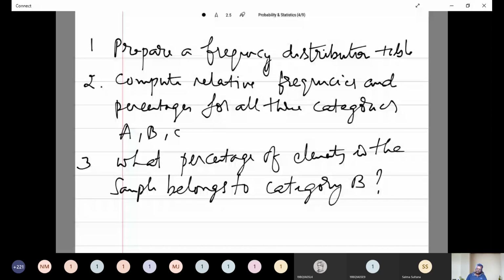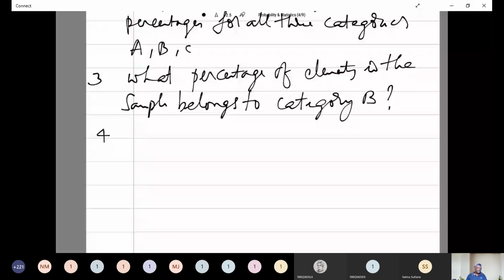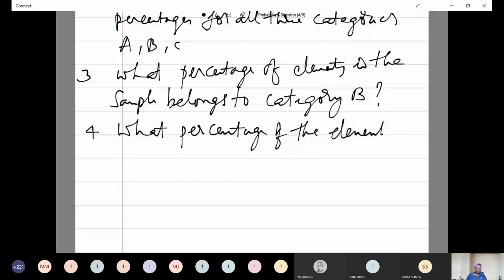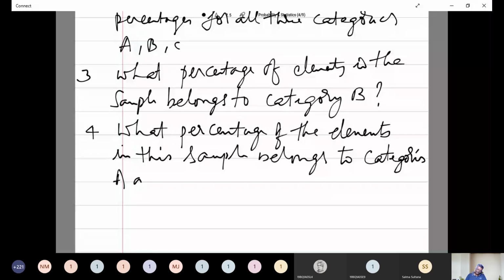Number 4. What percentage of the elements in this sample belongs to categories A and C? Number 5.